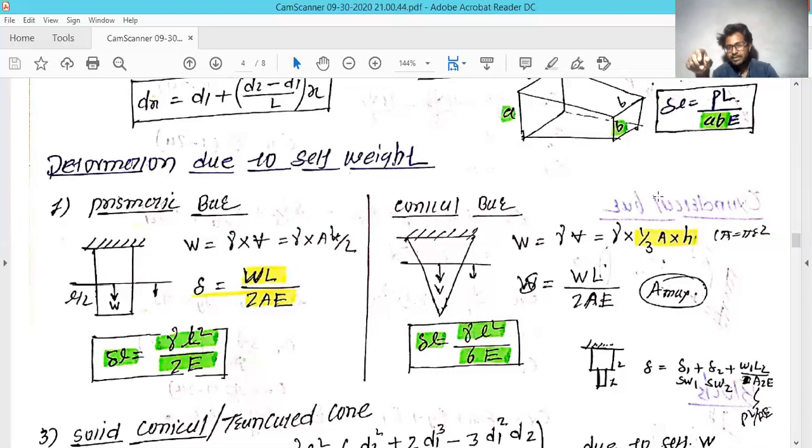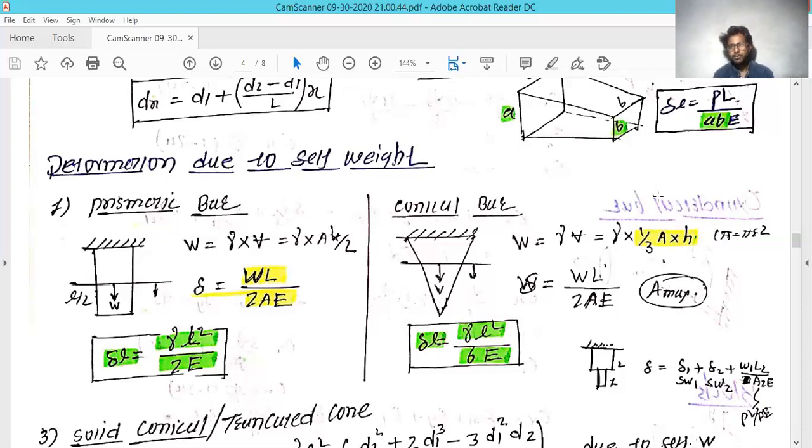So the formula is rho into V, and here we know the formula for the volume, which is nothing but 1 by 3 A into H. That much weight is going to act on the top section through the center of gravity. So the formula will turn out to be change in length equal to rho L square divided by 6E.